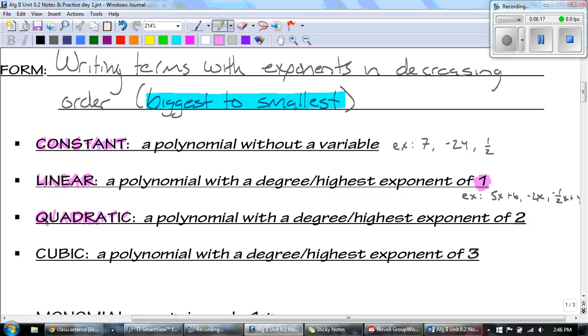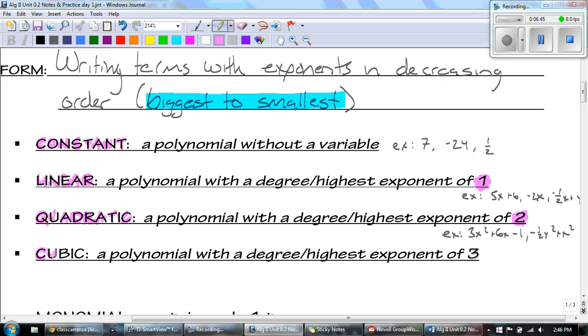So if we have a quadratic, my highest exponent is 2. So 3x squared plus 6x minus 1. Negative 1/2 y squared plus x squared. I'm trying to be as tricky as I can.